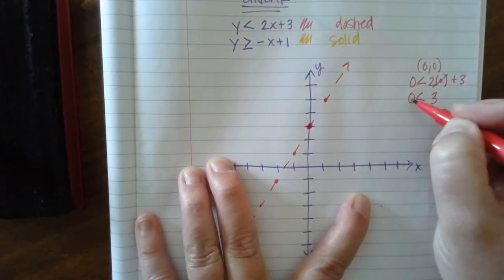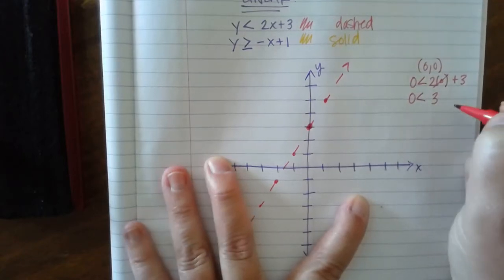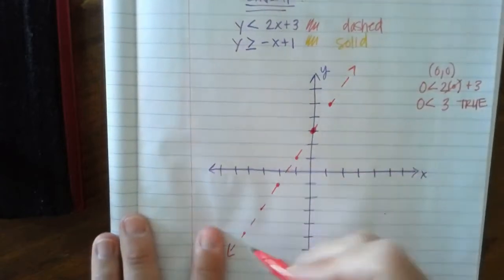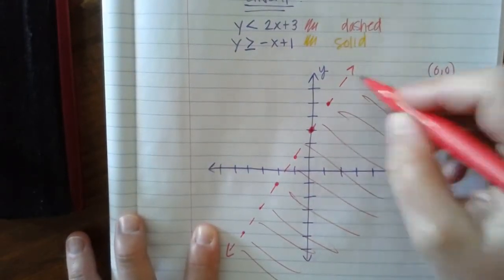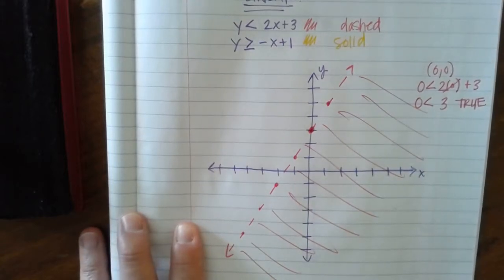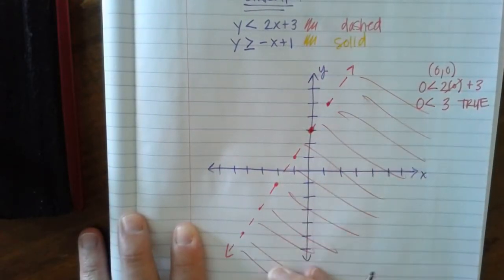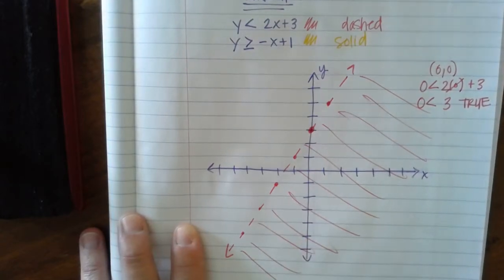So I have, is 0 less than 3? Totally, that would be true. So now I shade to where it's true. Okay, so that is where I'm shading. That region is true. Every ordered pair on this side of the line is going to make this inequality true.